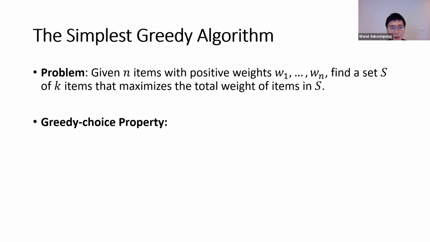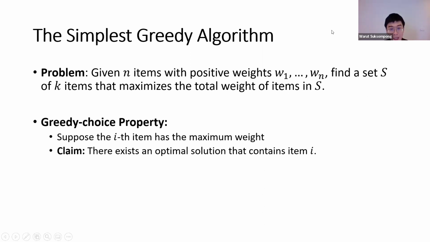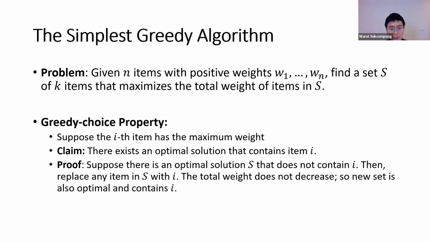And the greedy choice property here is that we want to claim that at any stage, it doesn't hurt to choose the maximum weight item. It never hurts. Suppose the ith item has a maximum weight. We claim that there is an optimal solution that contains item i. Why is that? Suppose there's an optimal solution that doesn't contain item i, then we can just replace any item in the optimal solution with item i.